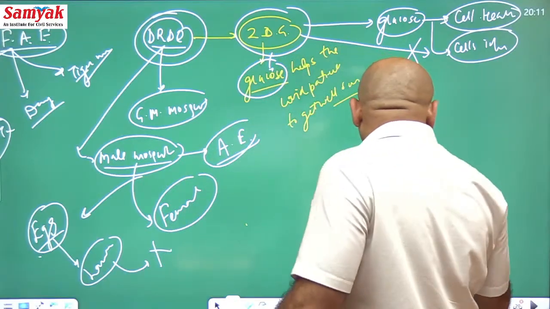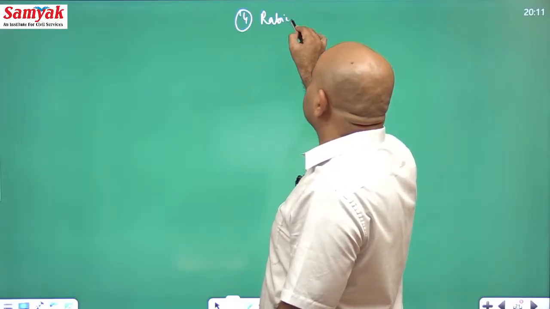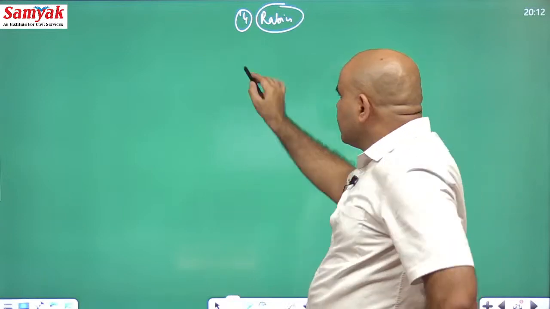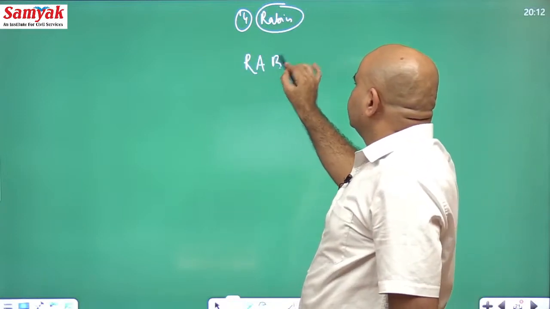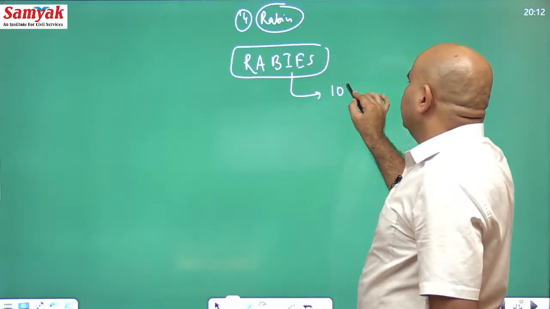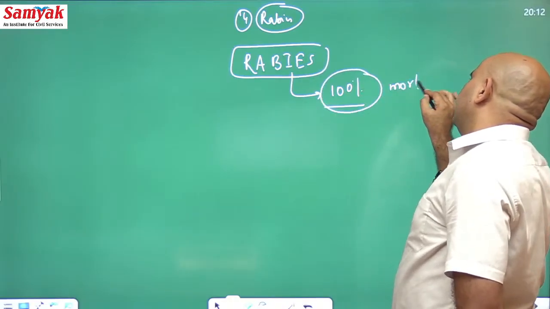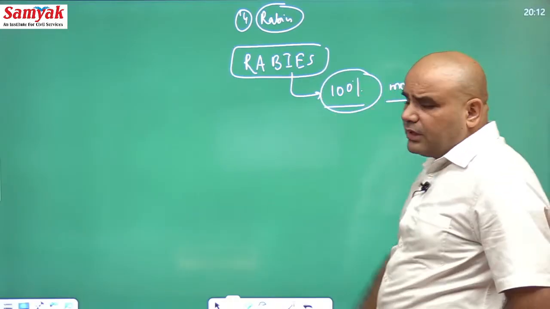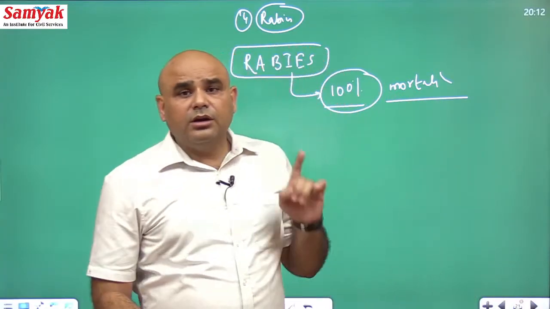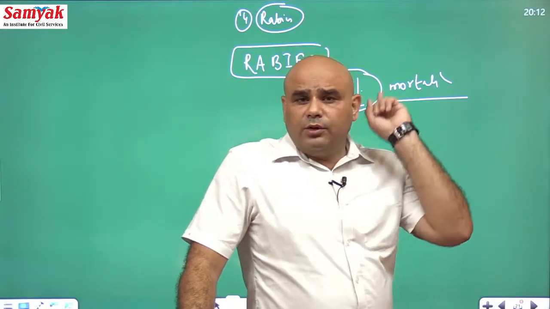Now there is one more disease which is zoonotic and very famous, rabies. Whenever you talk about rabies, first always remember that to this day, rabies is responsible for 100% mortality. 100% mortality means not a single patient on earth has survived rabies.